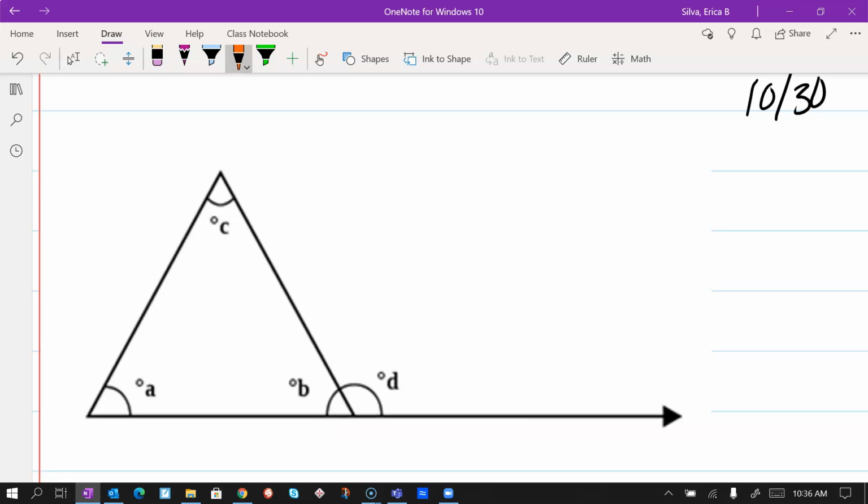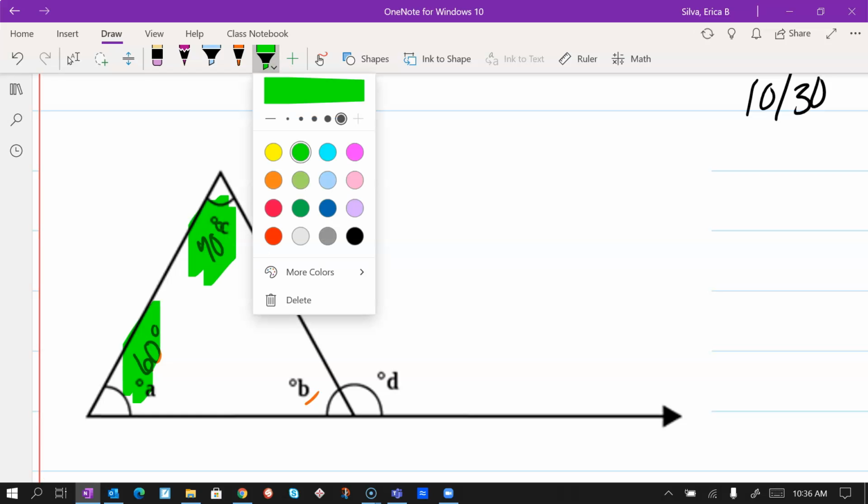Let's say this is, I don't know, somebody give me an angle. First angle I hear. 60. This is 60 degrees. Give me another angle. 70. What is going to be the measurement of angle B? What are we going to do first? We're going to add these two.